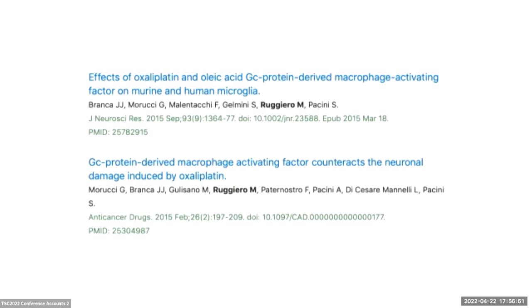So we wanted to see whether this peptide, GC-MAF, was able to counteract the neuronal damage that is known as a side effect of oxaliplatin treatment. And by the way, it's interesting because this is a macrophage activating factor, and macrophages are instrumental in balancing the brain microbiome because they carry the microbes from the gut, from the environment, into the brain.